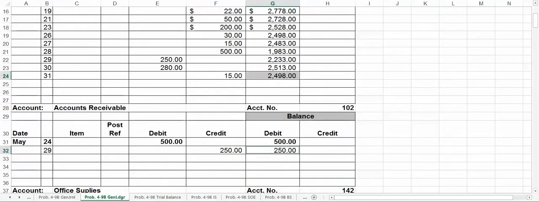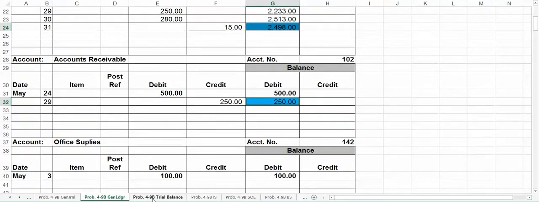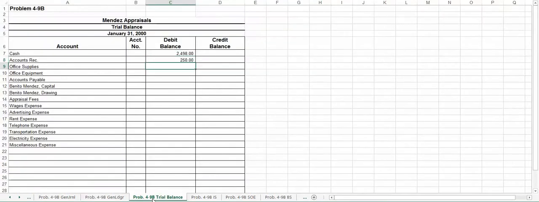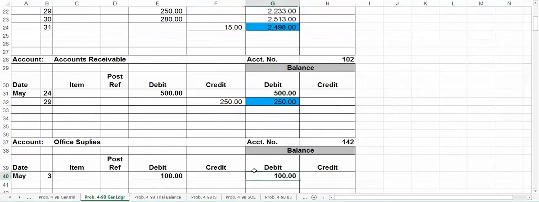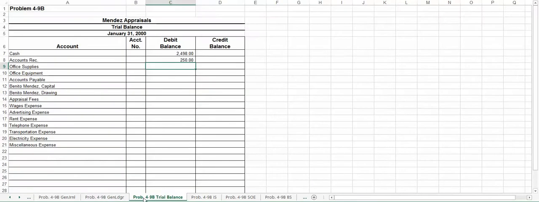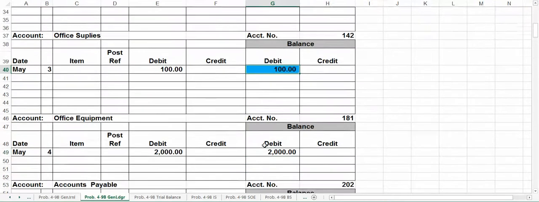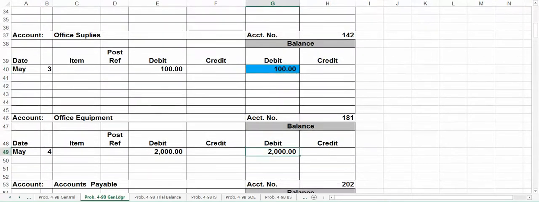So we're just going to be using the amounts in blue. And then we're going to total them at the end to make sure that our debits do equal our credits.